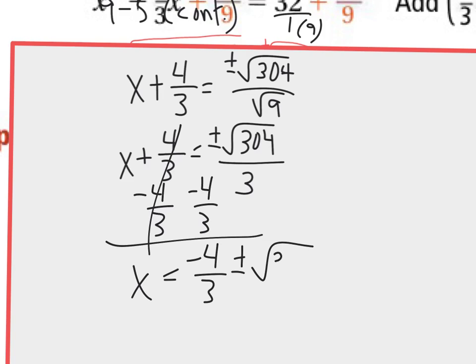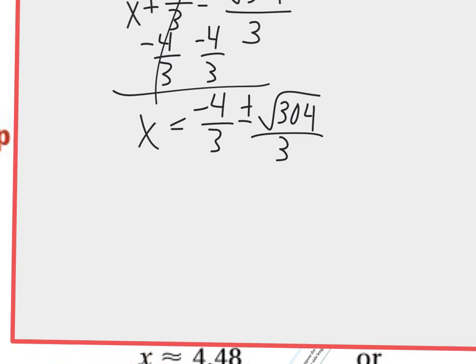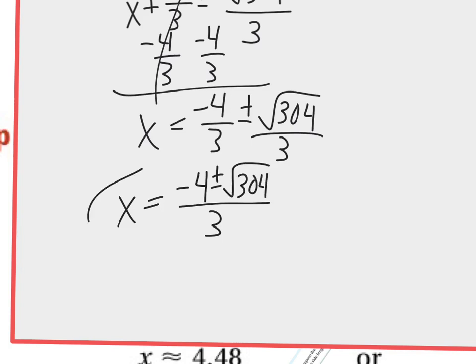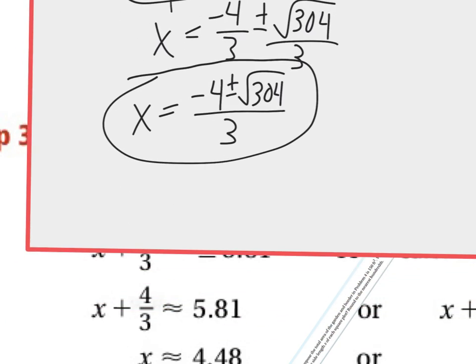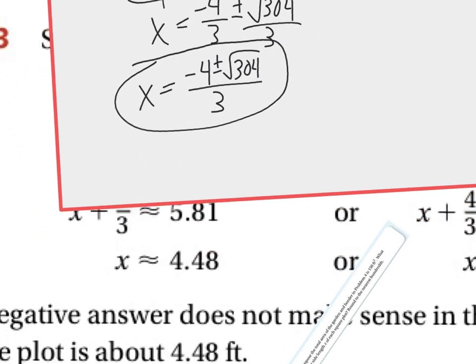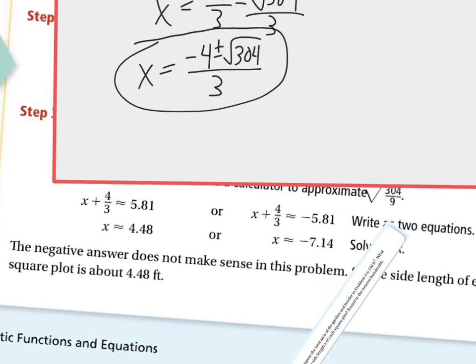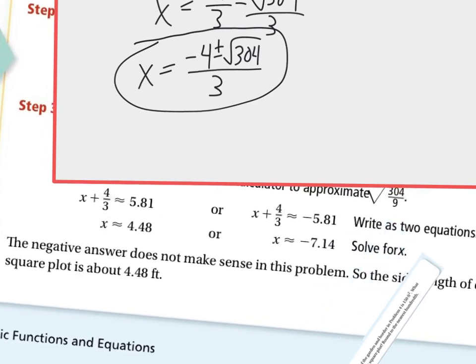Generally, our denominators will be the same, so we can combine this together as one big fraction. Negative 4 plus or minus the square root of 304, all over 3, would be our exact answers. That's two answers: plus square root of 304 and minus square root of 304. And if you work out the two different options there, you should get what the book has, which is about negative 7 and 1/4.